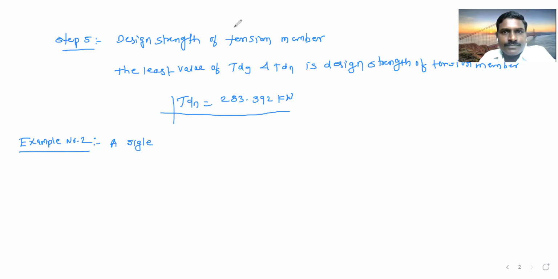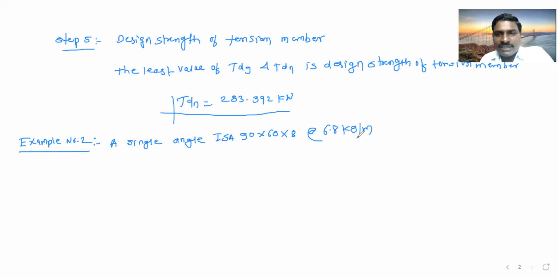A single angle, ISA 90 by 60 by 8, Indian standard angle 90 by 60 by 8, at 6.8 kg per meter.